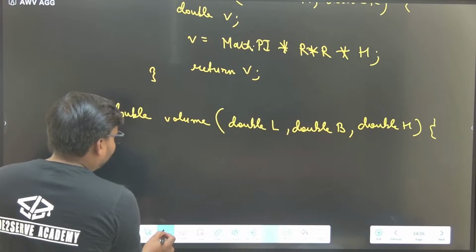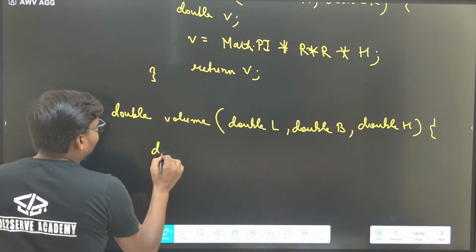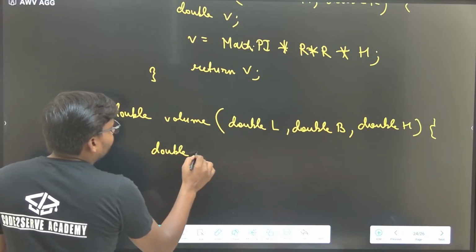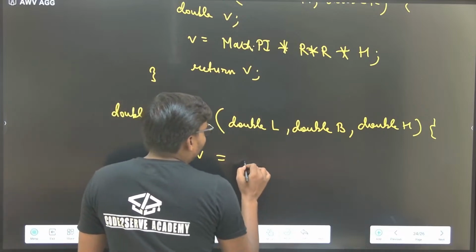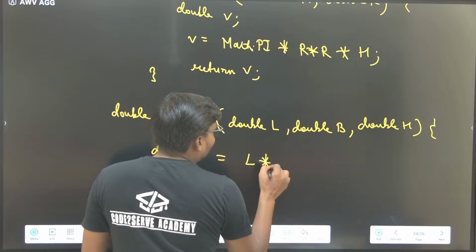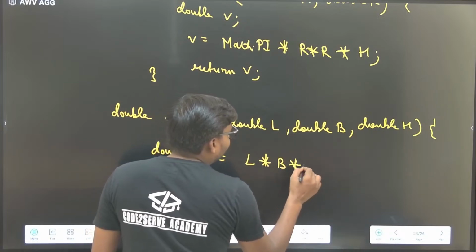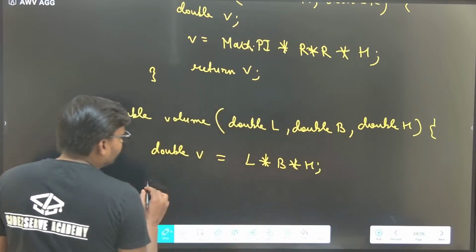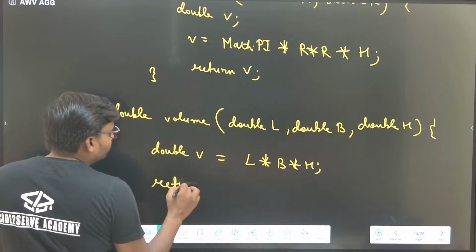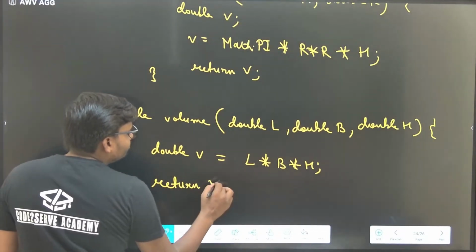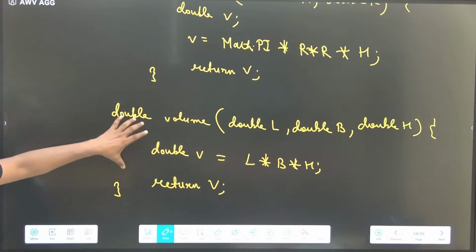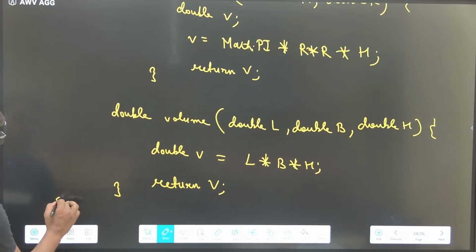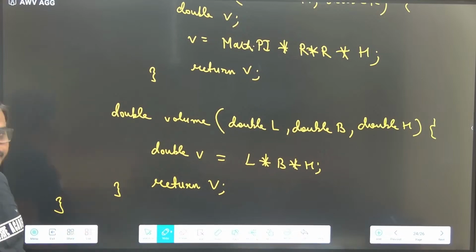You have to simply calculate the volume, double V. You can either do it in the same line itself. So L into B into H. All right. Now you have to return this V. So this is the closing of this function. Now this is the closing of the class.